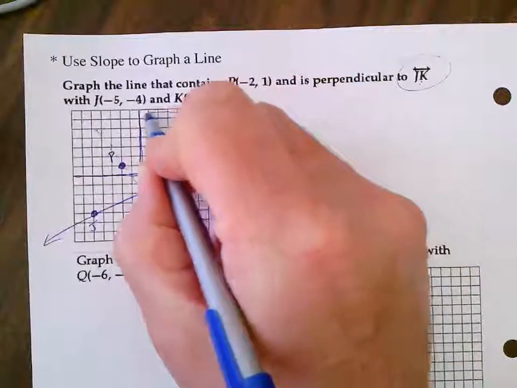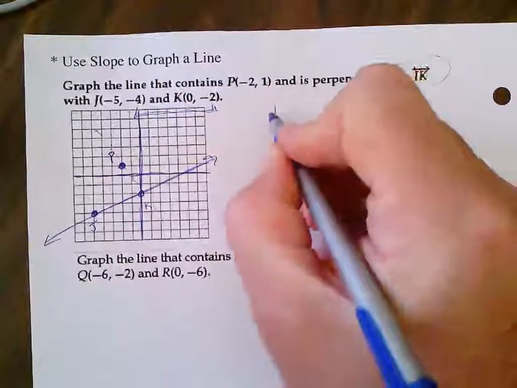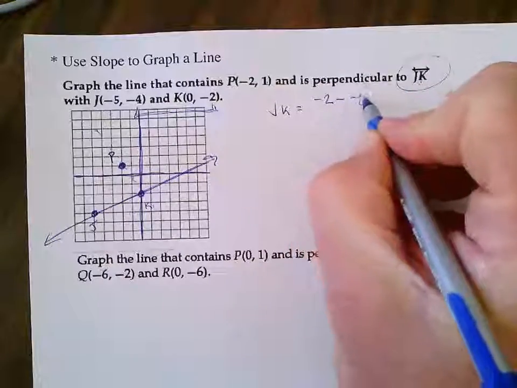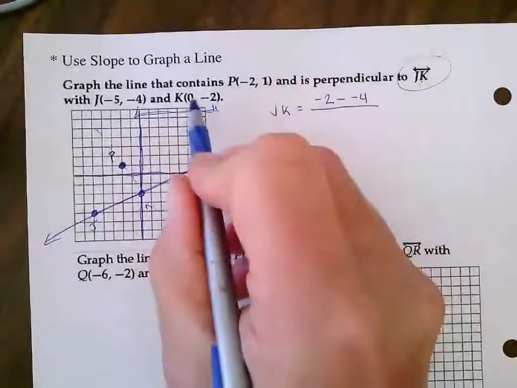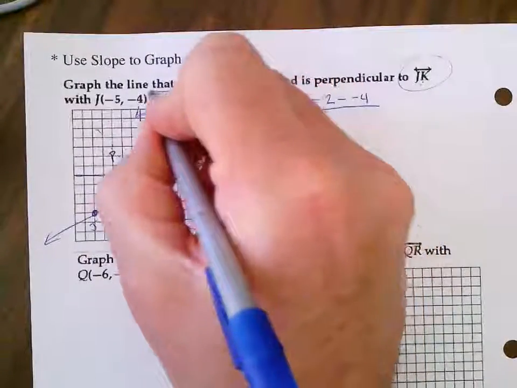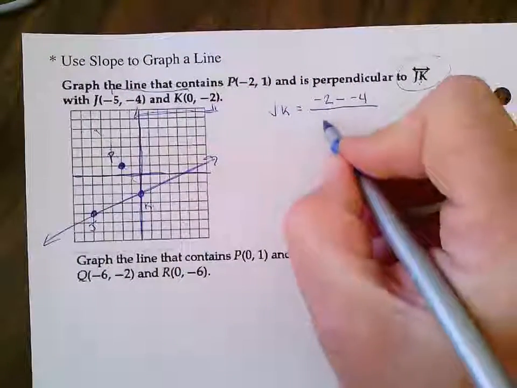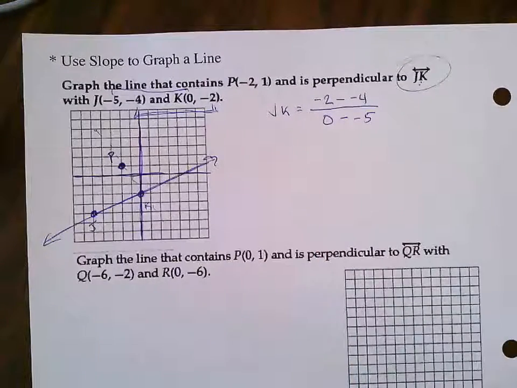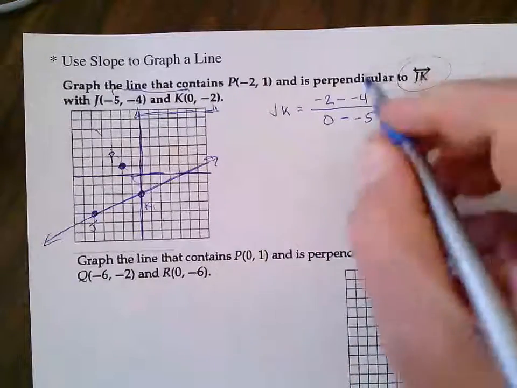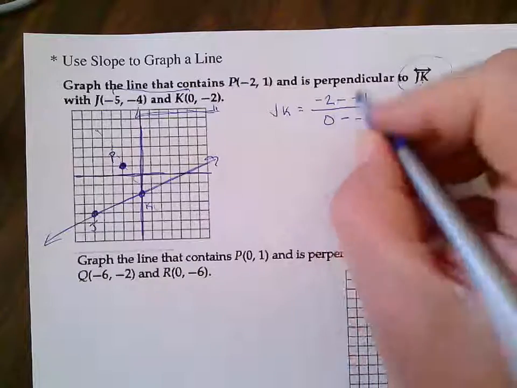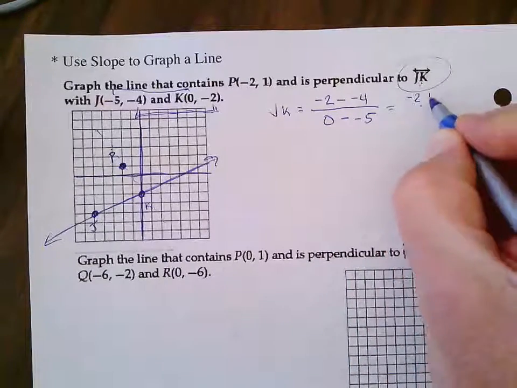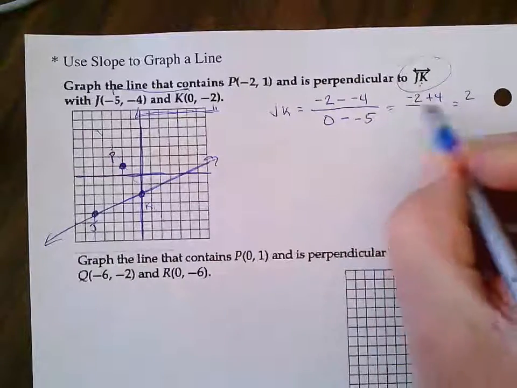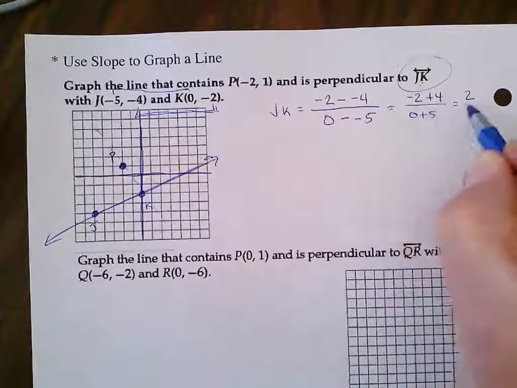It's a difference of my y's: negative 2 minus negative 4 over 0 minus negative 5. I'm just finding the slope. A lot of negatives going on in there. But these negatives become positive. So this becomes negative 2 plus 4, which is 2, and the bottom becomes 0 plus 5, which is 5.